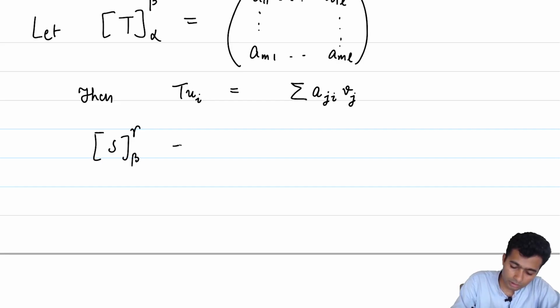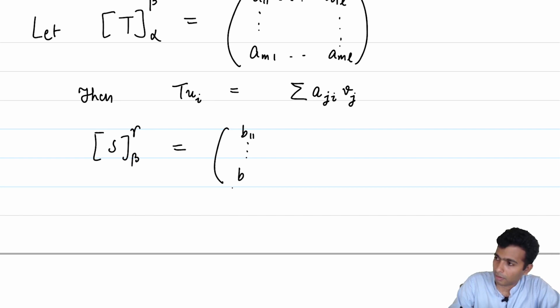So let it be B11 to B, this is a map from V to W. W has dimension n, so this will be n1, and there are M such vectors, so this will be Bnm.